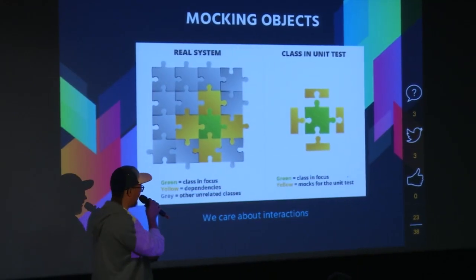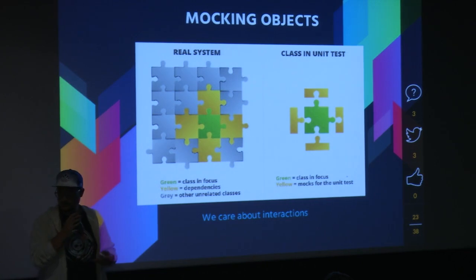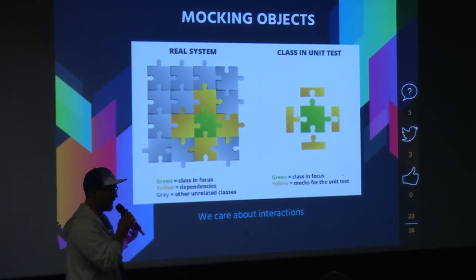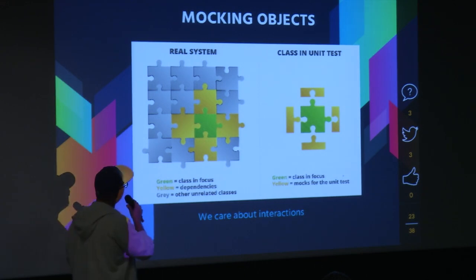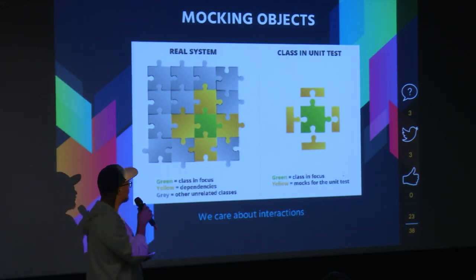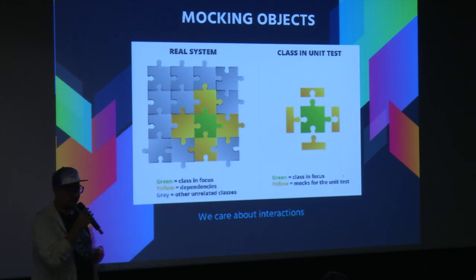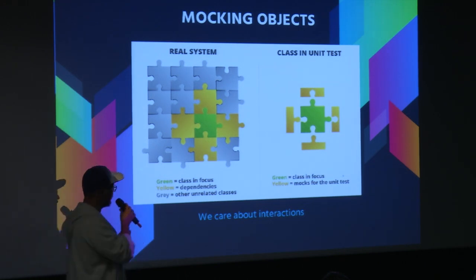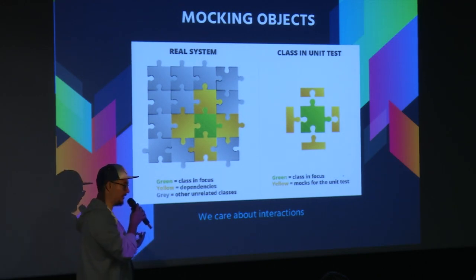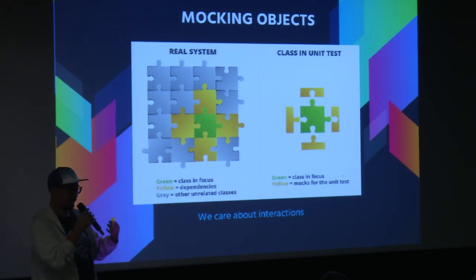So we've talked that the most important thing you should take from this session is dependency injection. And the second big thing is what a mock is. So when we are creating unit tests, what we want to test is how an object interacts with the environment.